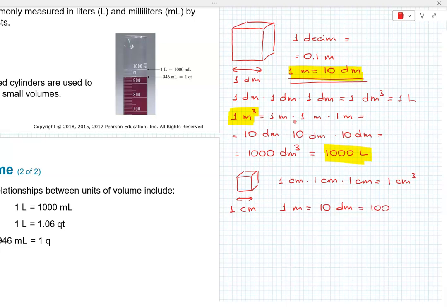Or 100, sorry, that's too many zeros, centimeters. Centi is 1/100th, so 100 centimeters will make a meter. Do you agree with that? Also, we can say that 1 decimeter is 10 centimeters.